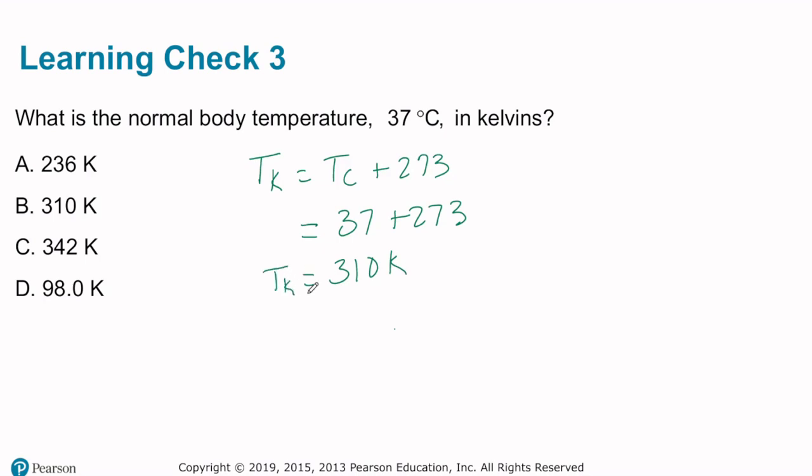Now, in some books, or perhaps in your online resource, you may see this number for conversion, 273.15. So if you have more significant figures in the given value, you may need to use this more precise conversion factor for the difference between Celsius and Kelvin, 273.15.